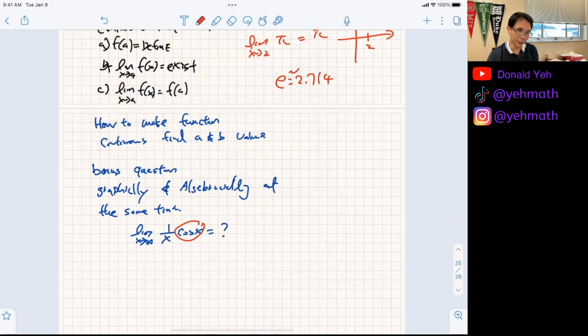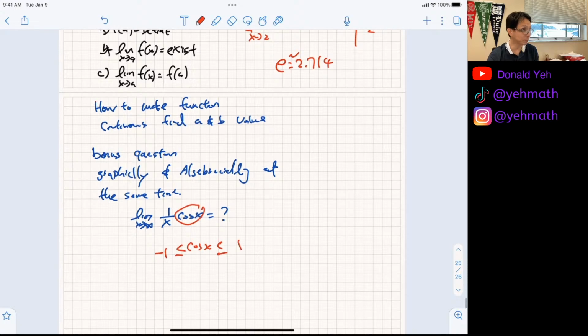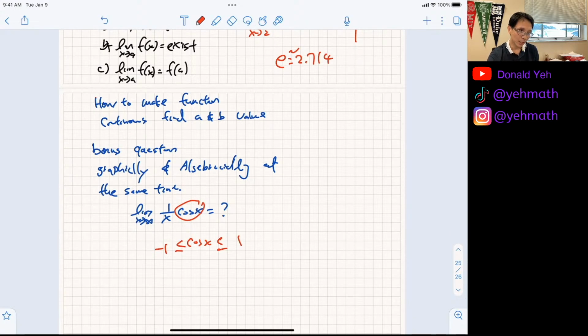You start with the things you know: cosine of x is between -1 and 1. And what you're going to do is multiply everything by 1 over x. So -1 over x is less than or equal to 1 over x cosine of x, which is less than or equal to 1 over x.